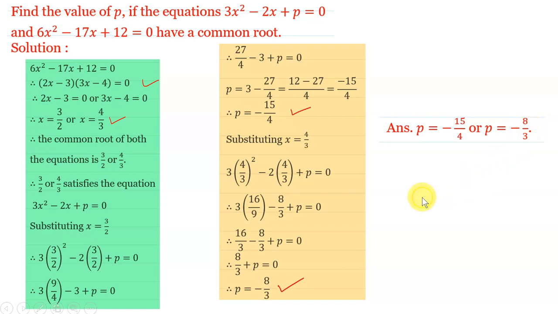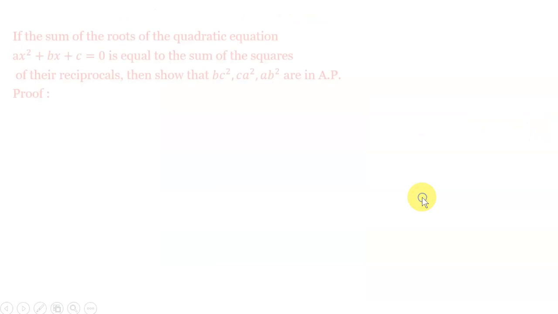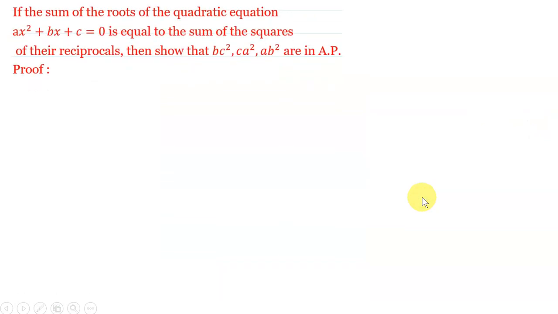Now the next question. We have seen this type of question before, but still we will repeat this type of question. Only here at the end, what is asked is to show that BC square, CA square, AB square are in AP. Let me repeat the question here.